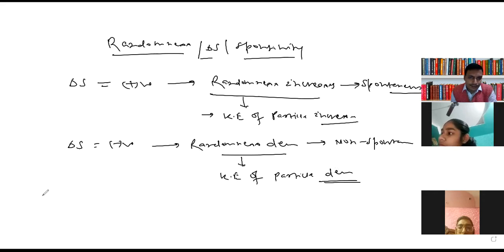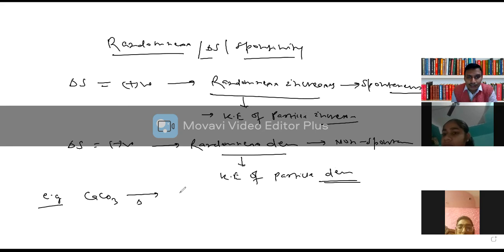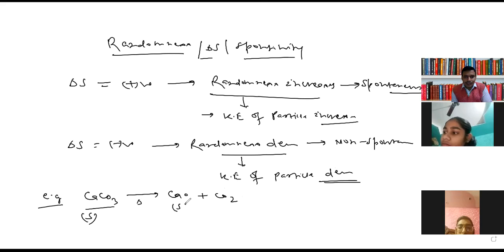Okay. Let's see an example. If calcium carbonate, that is marble, is heated strongly, then you will get calcium oxide plus carbon dioxide. Calcium carbonate is a solid, calcium oxide is a solid, and carbon dioxide is a gas.